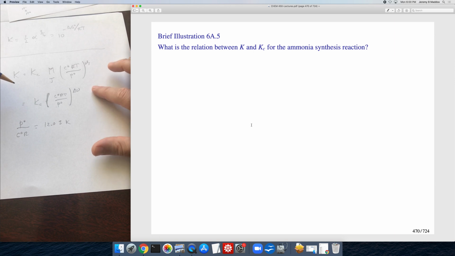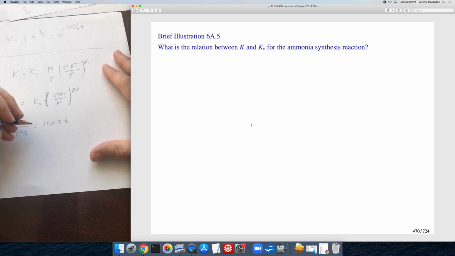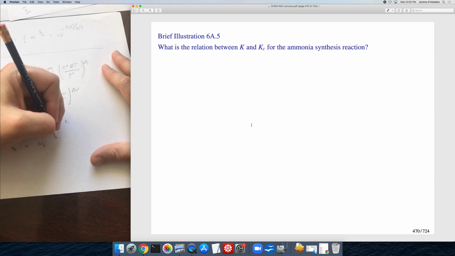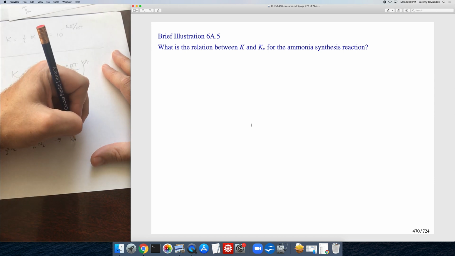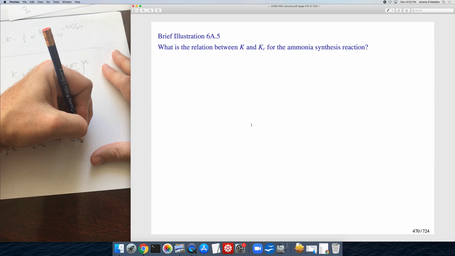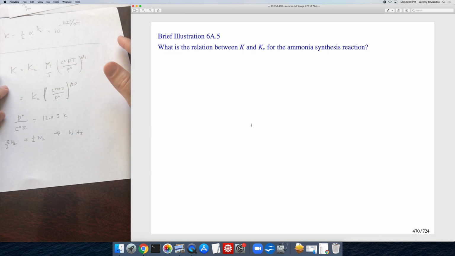Then delta nu for the ammonia synthesis reaction: if you've got 1/2 H2 and 3/2 N2 equals NH3, let's suppose that's the reaction we're working with.